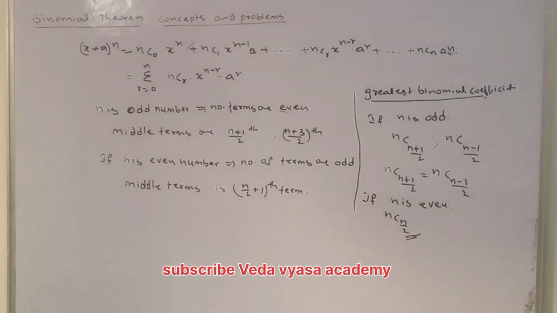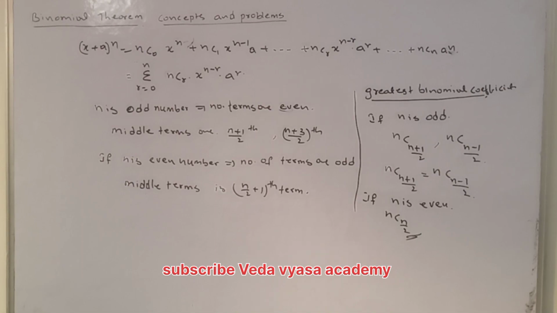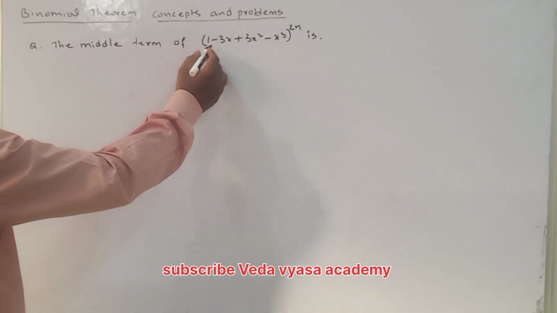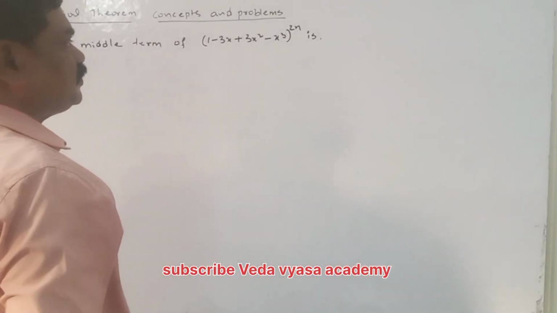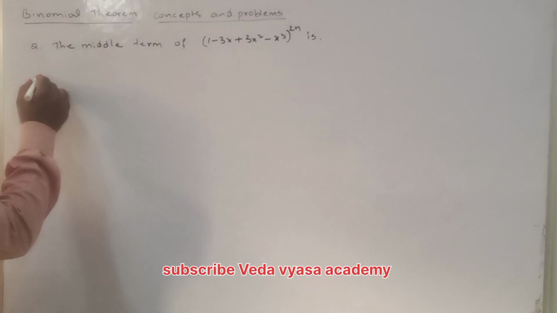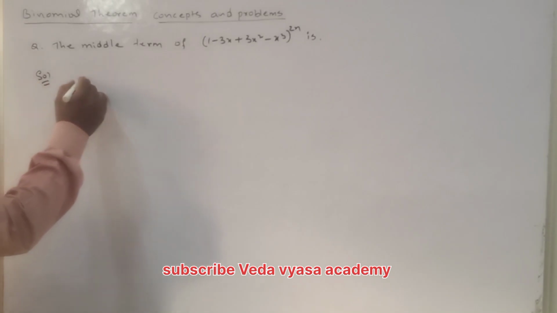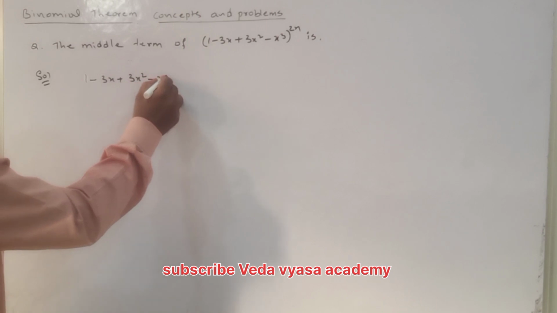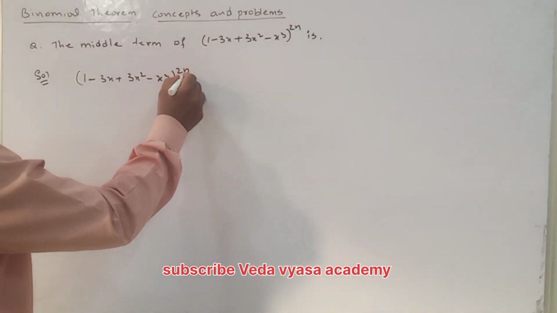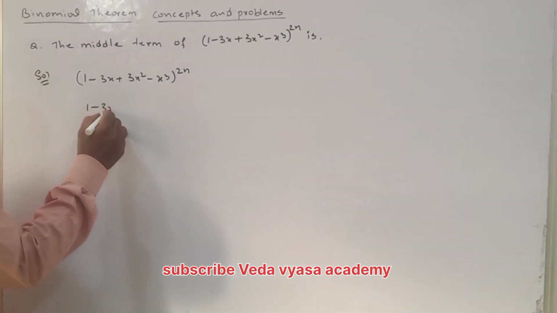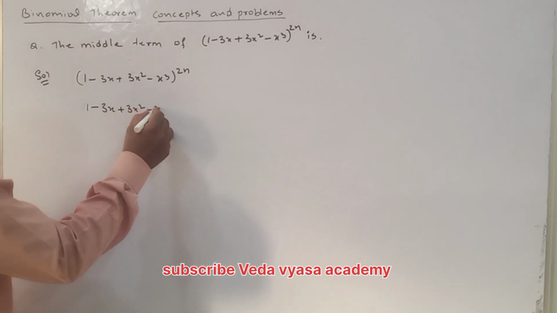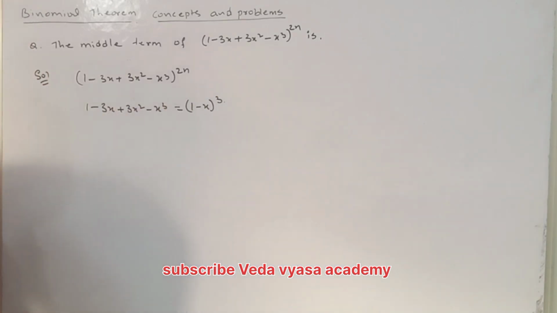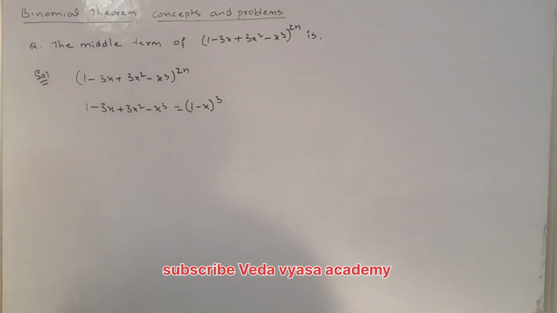Okay, all of you. Here we have one of the problems: the middle term of (1 - 3x + 3x^2 - x^3)^2n. Here 1 - 3x + 3x^2 - x^3 is equal to (1 - x)^3.